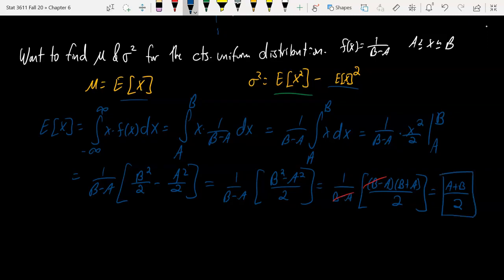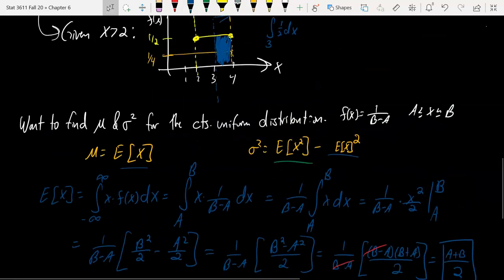That is pretty nice. And once you see that, I wonder if you're thinking, oh, duh. A plus b over 2, that's just the average of your endpoints, right? Left endpoint plus right endpoint, divided by 2. Yeah, that makes sense. It's literally the middle of your distribution.